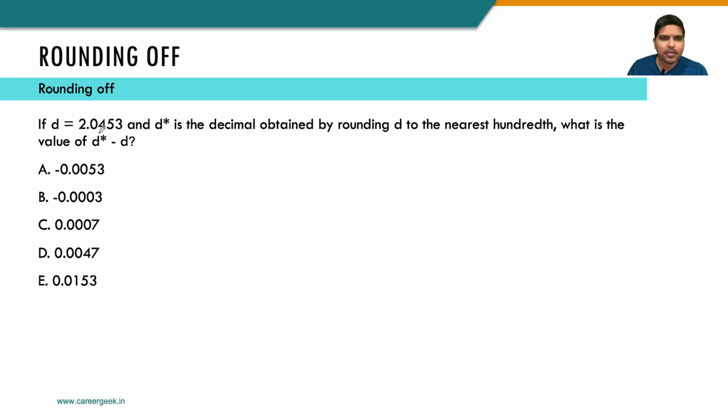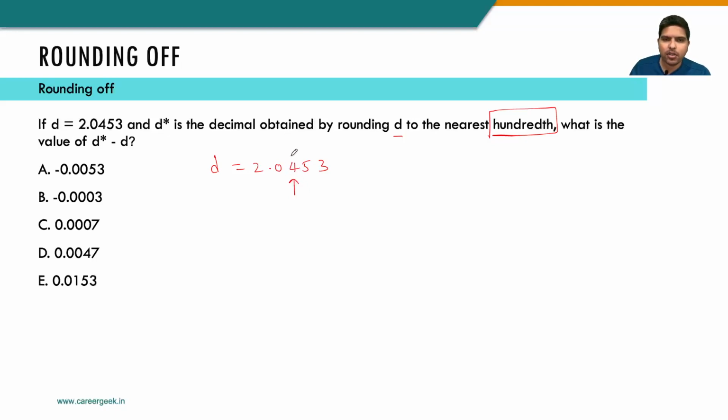If D is this given decimal and D star is the decimal obtained by rounding D to the nearest hundredth, what is the value of D star minus D? Now, hundredth is the second digit to the right of the decimal. So 2.0453, this is the hundredths place.